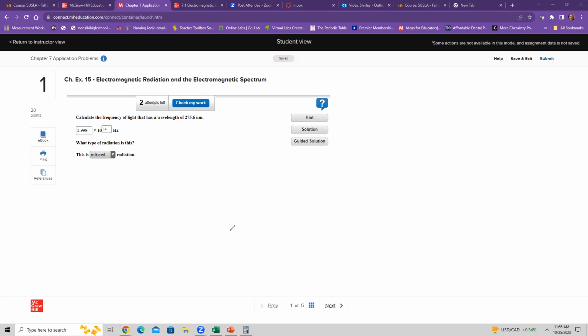All right, so we want to do the frequency. So nu is equal to c over lambda, equals 3.00 times 10 to the 8th meters per second divided by 275.6 nanometers.